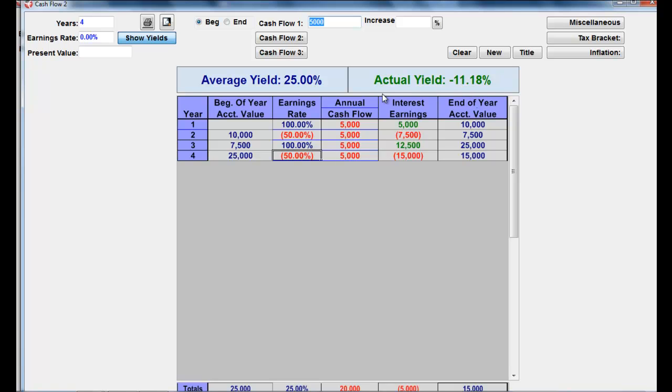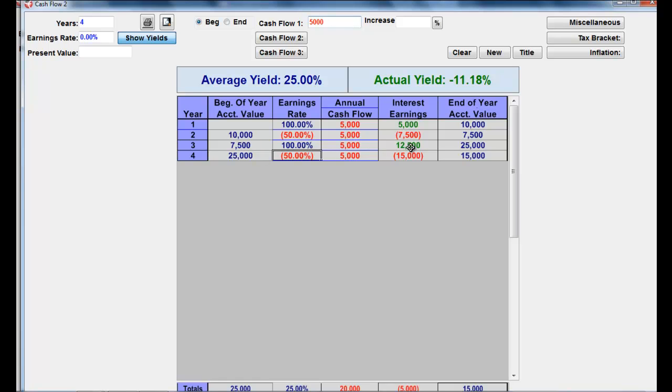So how does that work? In the first year you put in $5,000 as your investment, you make 100% on it, and it doubles to $10,000. You start out the second year with 10, you add 5,000 to it, and then you lose 50%. So that's a $7,500 loss, and you start the third year with $7,500 plus an additional 5,000.